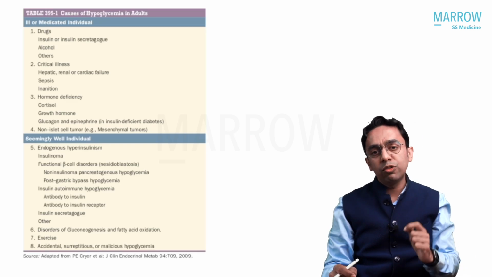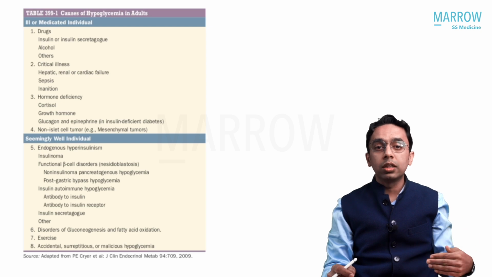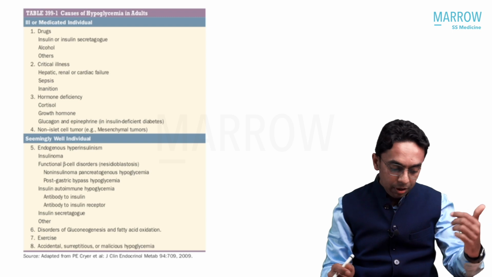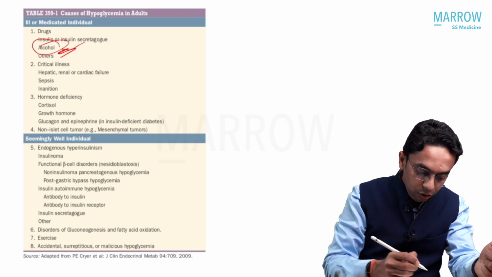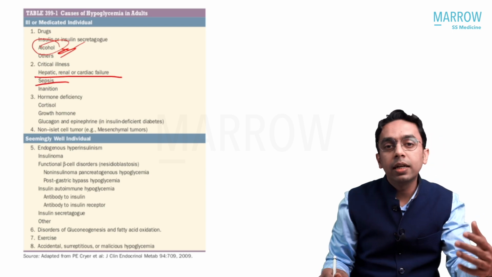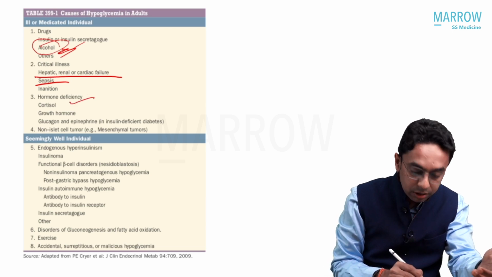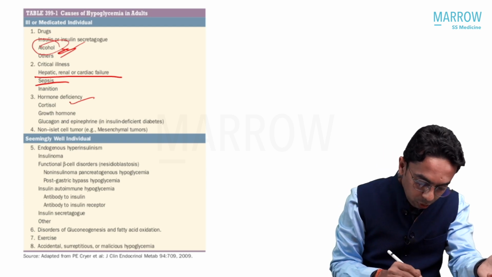Then first and foremost thing, after Whipple's triad, you have to see what the drugs are. Is there any drug which can cause this hypoglycemia? Okay, alcohol, that is really important, so you have to rule that out. Then if the patient was in sepsis, has some cardiac disease, renal disease, or some liver disease, then hormone deficiency, Addison's will have hypoglycemia, so that is very important.